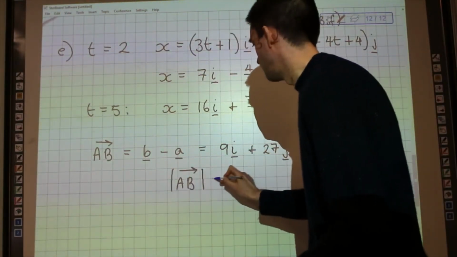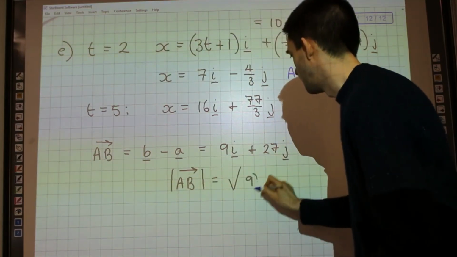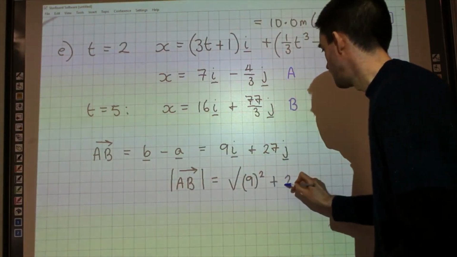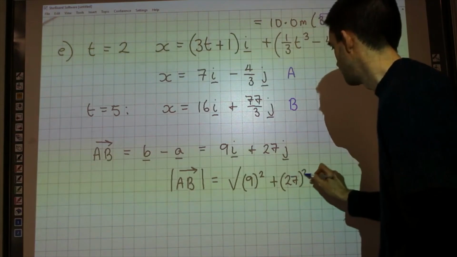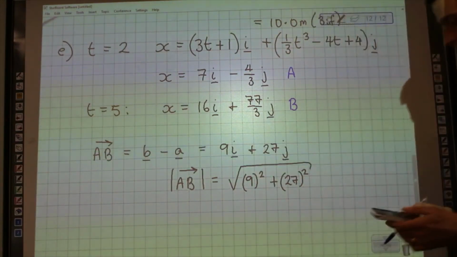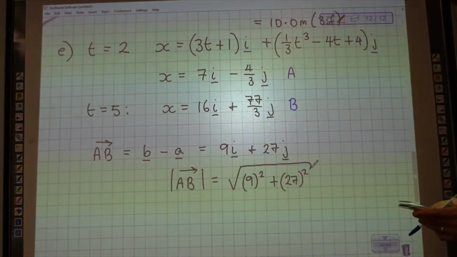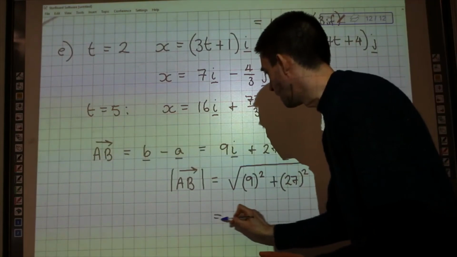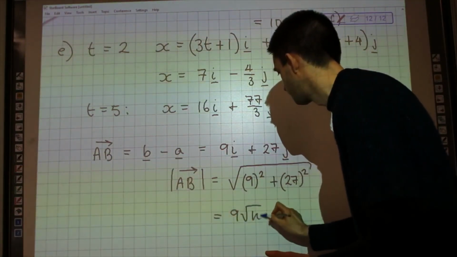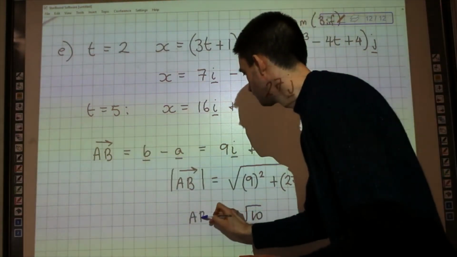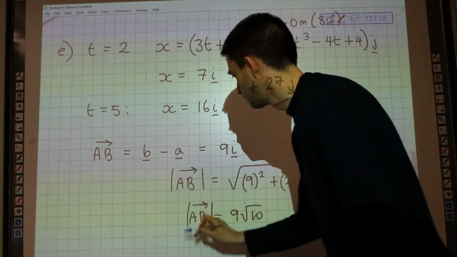So the magnitude of A to B, crack out Pythagoras, 9 squared plus 27 squared, all square rooted. I'm pretty confident, but I will just check it. Yeah, 810. Root the answer. You get 9 root 10, as required.